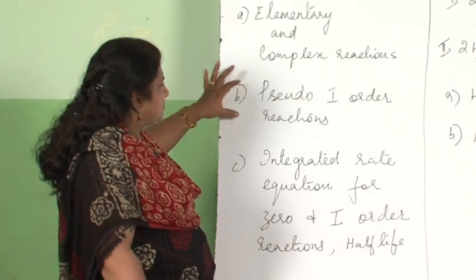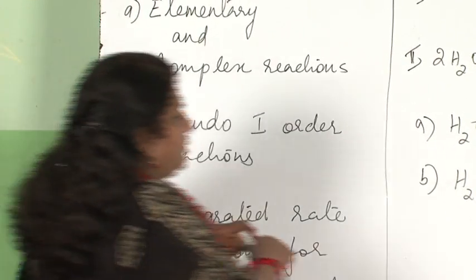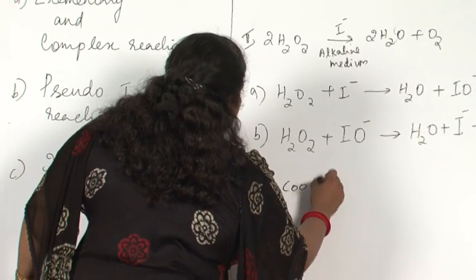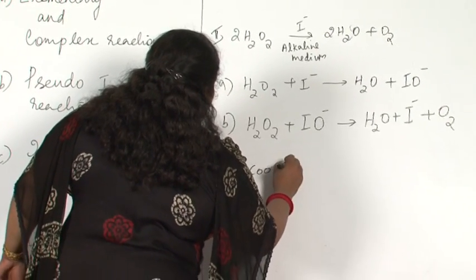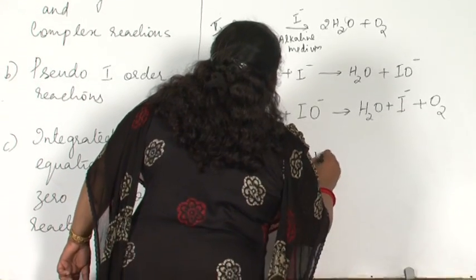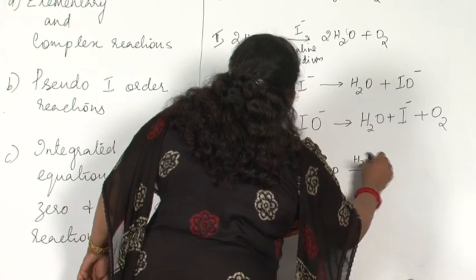Now, it comes to pseudo first order reactions. For example, hydrolysis of any ester, especially methyl acetate CH3COOCH3, in the presence of water. This is hydrolysis; a little sulfuric acid is needed.